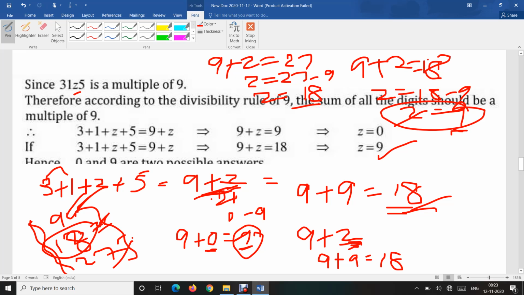But you cannot put 18 at the place of z, because the question says that z is a digit, not a number, and 18 is a number, not a digit. So you can put only the values from 0 to 9. 0 is verified here, 9 is verified here. So the answer is 0 and 9 are the possible answers.